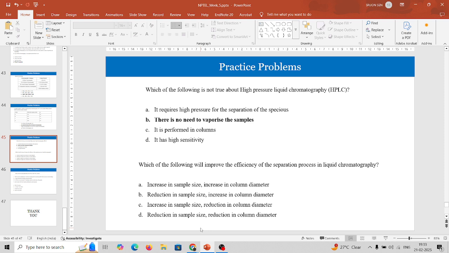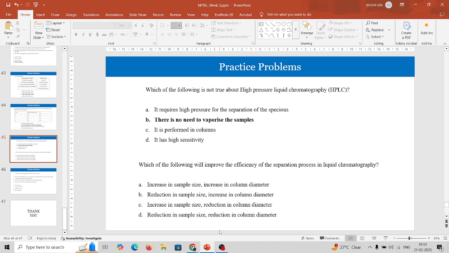Your protein stays in a particular position, it does not randomly go everywhere. So a reduction in column diameter is very important. The other thing is the sample size: the lesser the size, the better the separation, because then it occupies less space in the column.